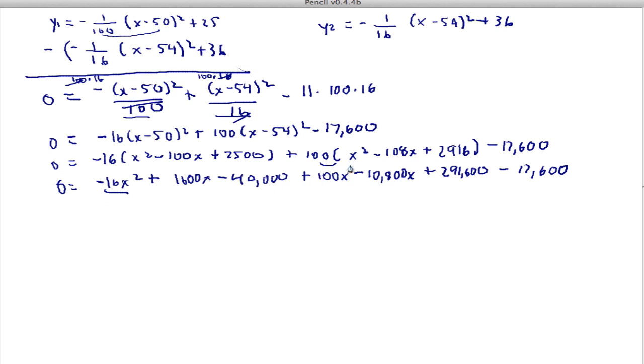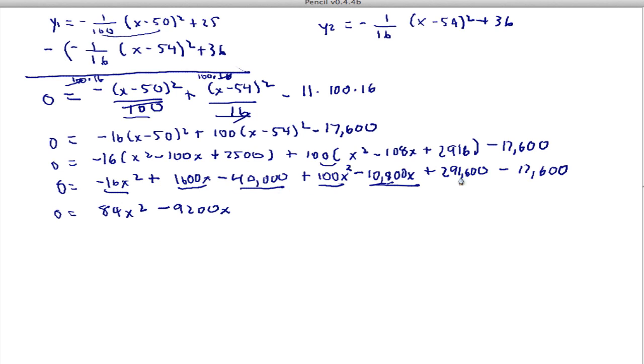So what we'll do is add up the similar terms. Oops, I think I made a mistake here. That should be 100x squared. So negative 16 plus 100x squared gives us 84x squared. And looking at the x terms, that's going to give us negative 9,200x.